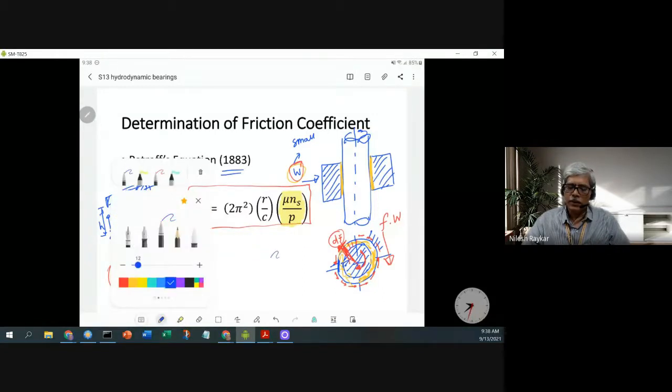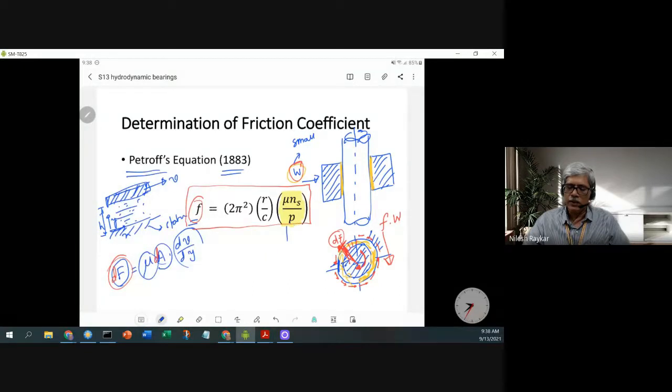It is called the bearing characteristic number. We'll see in the next slide that based on this characteristic number, it will be decided whether thin film lubrication or thick film lubrication will happen.